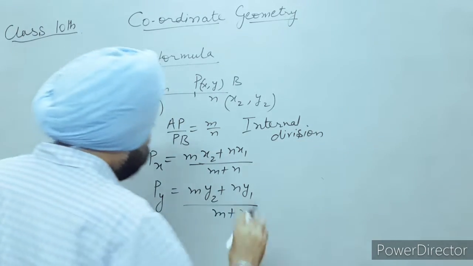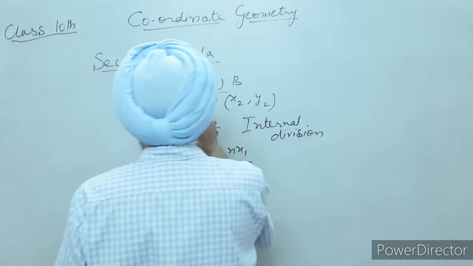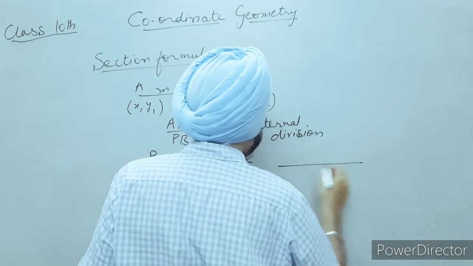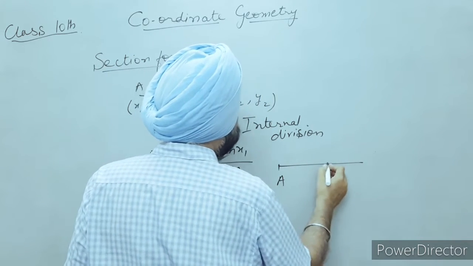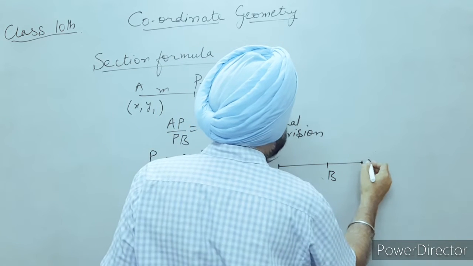The first case was this. The second case is for external division. In that case, this is point A (x1, y1), this is point B (x2, y2), and P (x, y) lies outside AB.